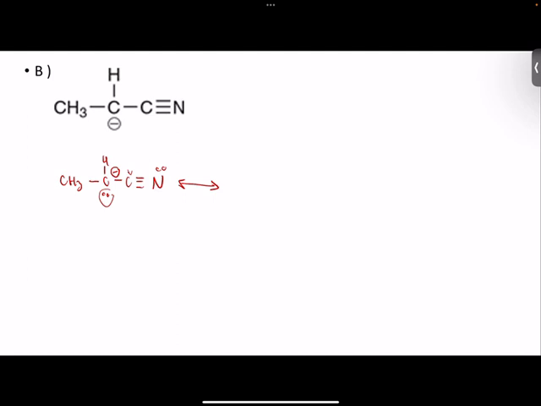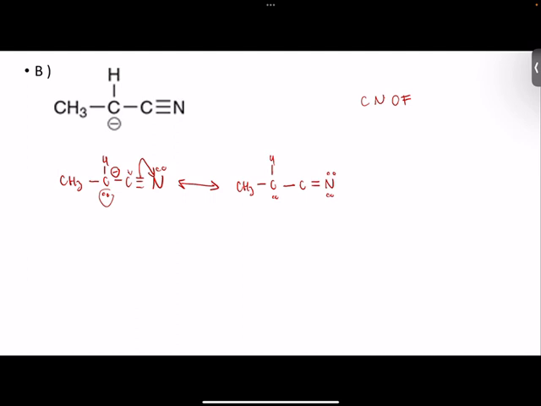So what I'm going to do is break that triple bond to a double bond and place one of the bonds on that nitrogen. Let's see.